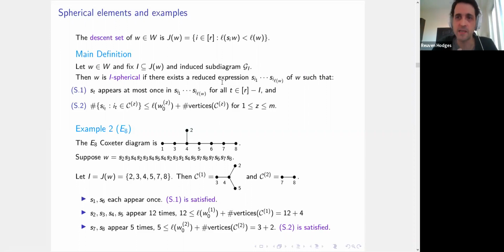And at this point, it maybe seems a little unmotivated in the sense that I've given you something that's maybe a generalization of a Coxeter element, but what is there more motivation behind it? And there is indeed geometric motivation behind this definition. And so that's what I'd like to talk about now, as long as there are no questions.